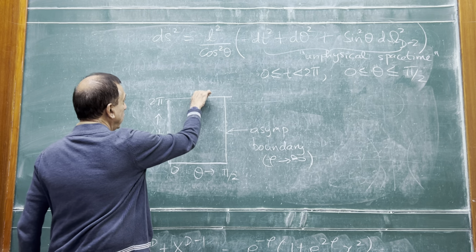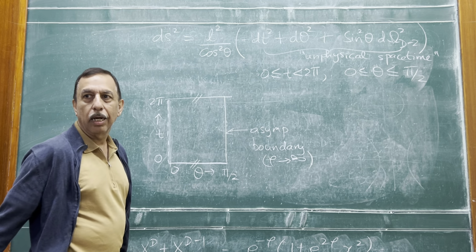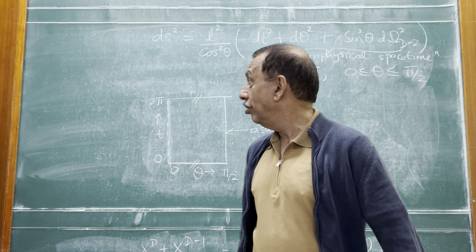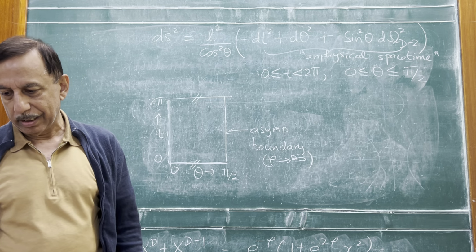They are identified, so there is no boundary at up or down. Any particle going like that will undergo a time-like loop and come back here and then continue to propagate. So particles will keep doing that, certainly the massive particles, which will correspond to vertical or slightly curved lines, but predominantly vertical.